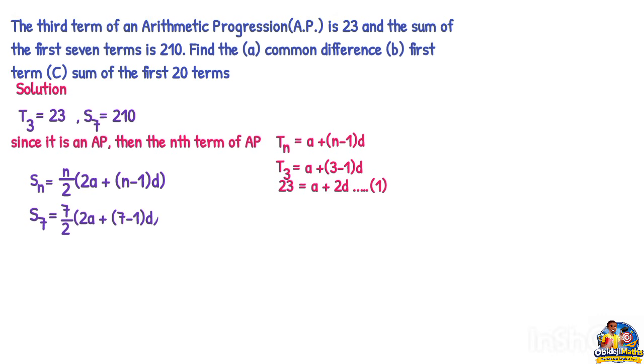So we have S7 to be equal to 210. So 210 equals 7 over 2 into bracket 2a plus 6d.